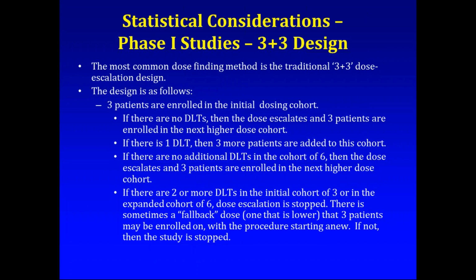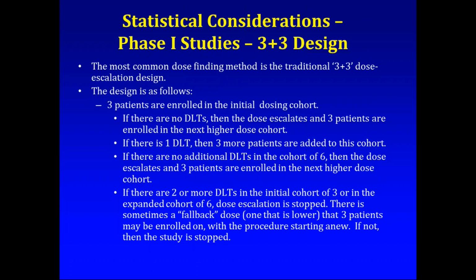Now with the 3+3 design, this one is rule-based. I mean, everything is set and you know exactly how things are going to progress throughout the study. Or should progress, that's what I mean. For this design, we always enroll 3 patients in the initial dosing cohort. And then we observe those patients.